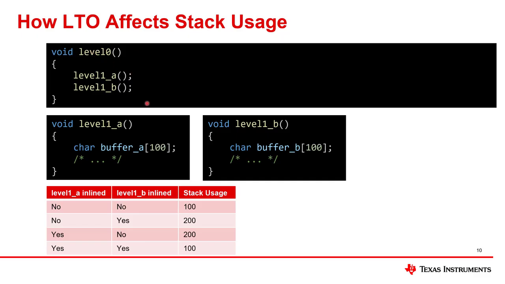There are optimizations that understand that buffer A and buffer B are not in fact active at the same time, and so they can use the same memory even inside of level 0. So, like I said, this is a little bit complicated, but once you understand how these buffers are or are not active at the same time, and that optimization happens when they're both in the same function, then this table starts to make sense.